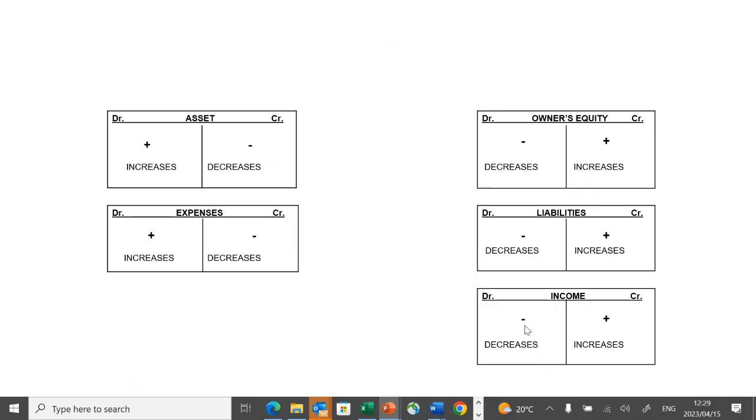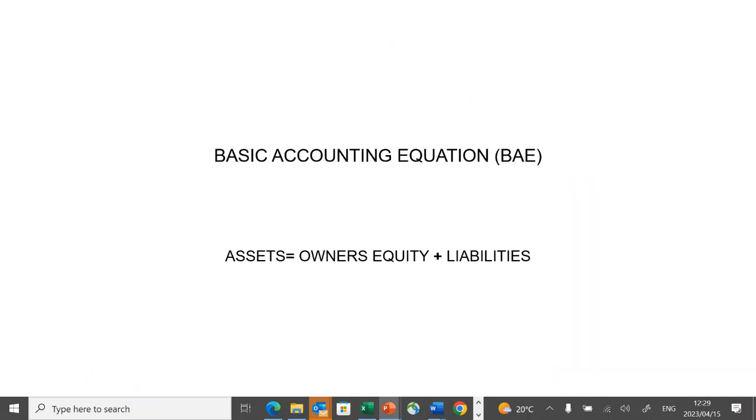Then income: if income is decreasing on the debit side, it means equity is also decreasing. When income is increasing on the credit side, it means equity is also increasing on the credit side. So just take this: all transactions that affect expenses and income directly affect equity, because when we ask you the effect on the basic accounting equation, you'll have seen already on the previous slide that we talk about assets, owner's equity plus liabilities.